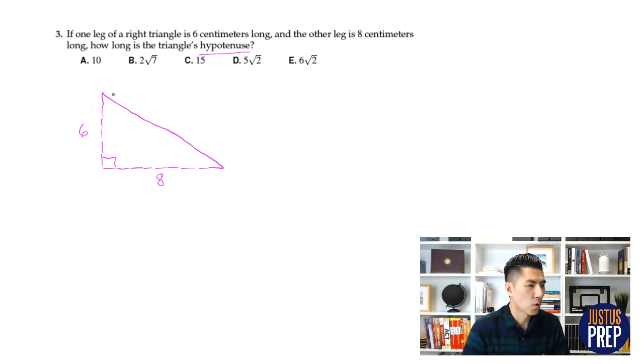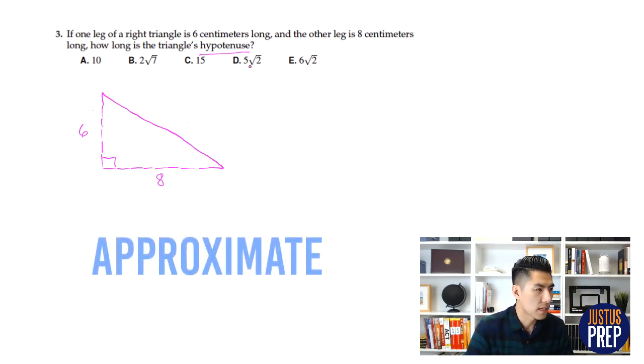Now, before we try to solve this, we can also look at the answer choices. And we see that some of these have these square roots. And what you could do is just plug these numbers into your calculator and figure out their value. So 2 root 7 is 5.3. 5 root 2 is 7.1. And 6 root 2 is 8.5.